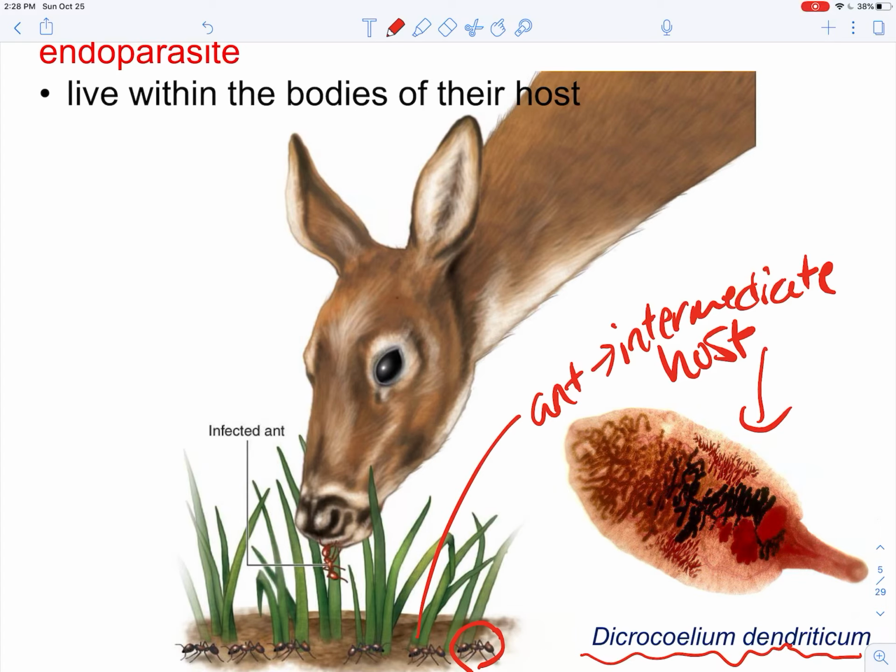What happens within the ant is that it can infect their brains in a way that's not 100% yet understood. It causes some body color changes as well, but the behavioral change is that it causes them to migrate towards light, so a form of phototaxis. And they climb to the top of grass blades where they can be picked up by grazing mammals.